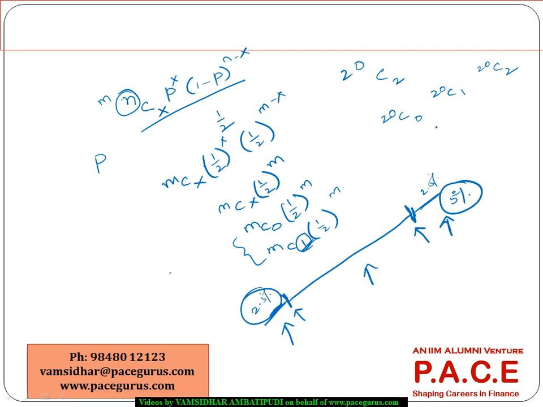Now what I could do, if I am talking about 0, I am saying 20C0 into 1 by 2 to the power 20. Similarly, if I am talking about 1, 20C1 into 1 by 2 to the power 20. Otherwise 20C2, 20 into 19 by 2, 190 into 1 by 2 to the power 20. Now these are the three numbers that are there with me.